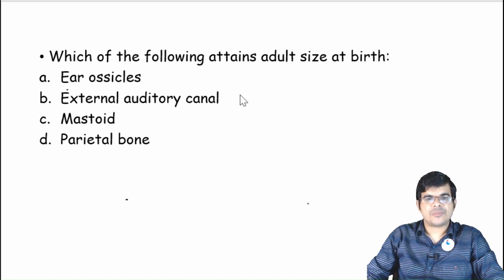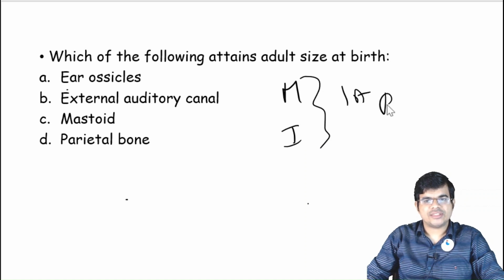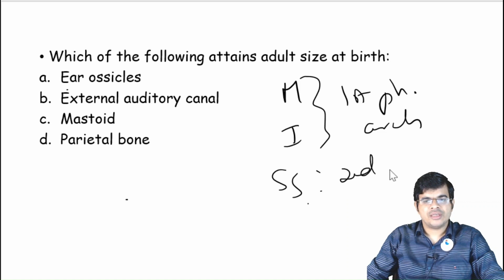Now how do the ossicles develop? The malleus and incus develop from the first pharyngeal arch and the stapes superstructure from the second pharyngeal arch.